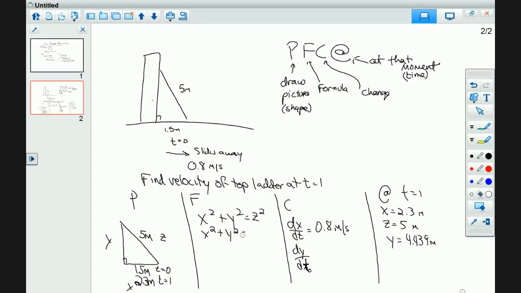Anybody figure out why I can do this? It doesn't change. It's a constant, right? If it's a constant, I can plug it in. But if it's changing, like this distance and this distance, x and y are changing, we need to leave it. So plug it in.